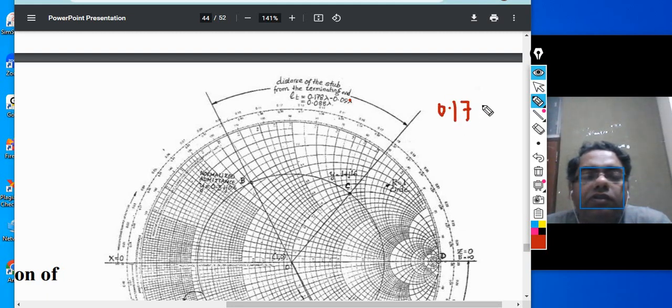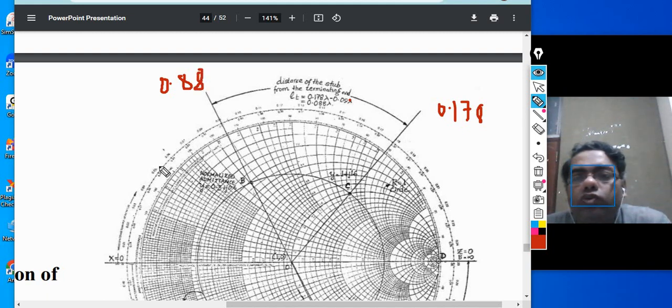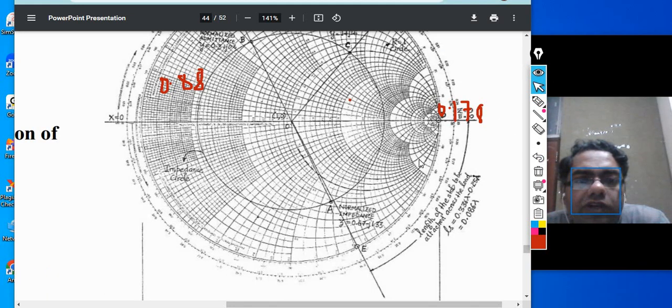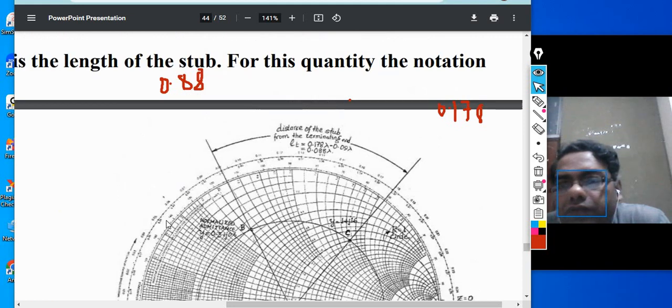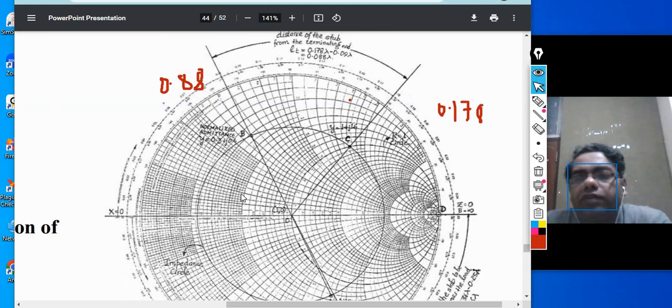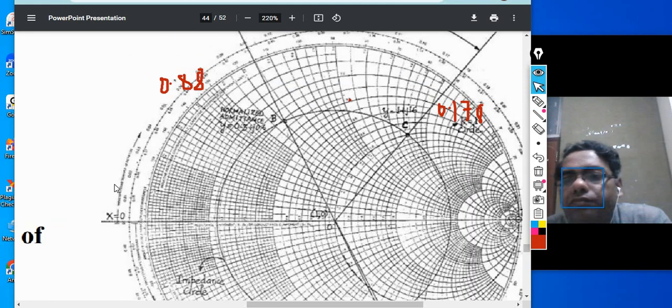So around this is 0.178 and 0.088. There are two scales. One is wavelength towards generator and another is wavelength towards load. It is written here. If we magnify, we can see the writing.